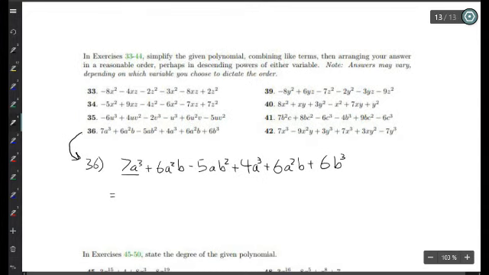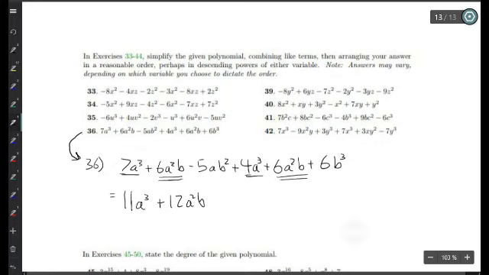So here's an a cubed and here's an a cubed. A squared b, a squared b, ab squared, no other ab squareds, and no other b cubes. So 7 plus 4, 11a cubed, and 6a squared b plus 6a squared b is 12a squared b.